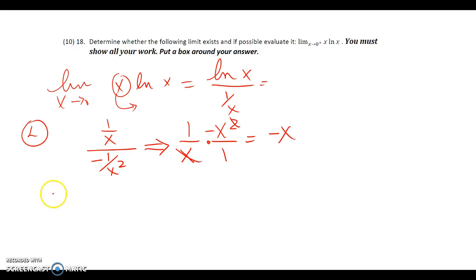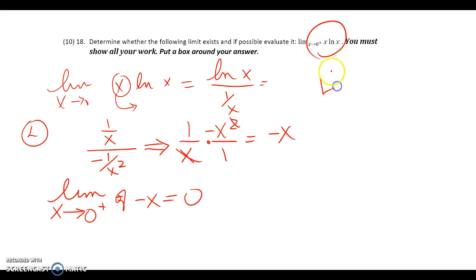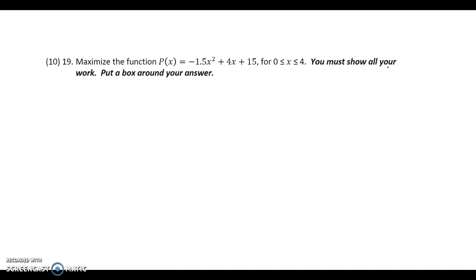Now, we can take the limit as x approaches 0 from the positive side of negative x, and we get 0. Okay? So anytime they give you one of these, try to write it in the quotient so we can use L'Hopital's rule. Okay? I think that's happened more than once. All right, let's keep going.